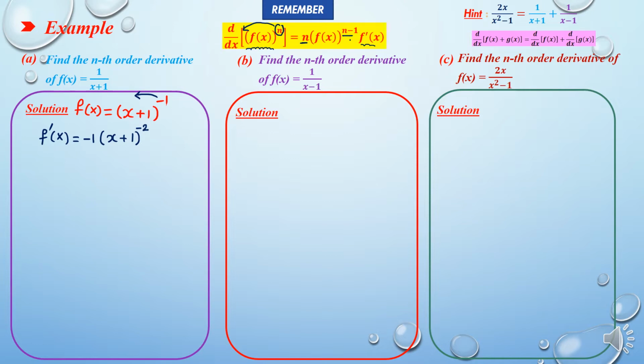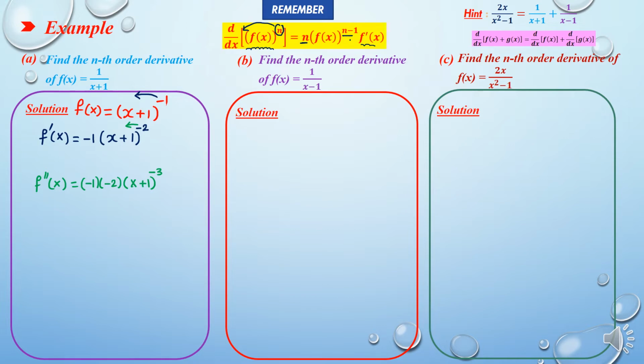Now the second derivative, f double prime of x, is the derivative of the first derivative, so you put negative 2 down, and you get negative 1 multiplied by negative 2 multiplied by (x plus 1) raised to the power negative 2 minus 1, which is negative 3, multiplied by the derivative of the inside function. But the inside function is x plus 1, so the derivative is 1, so no need to multiply by 1.